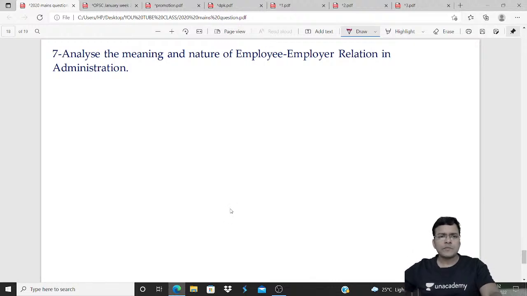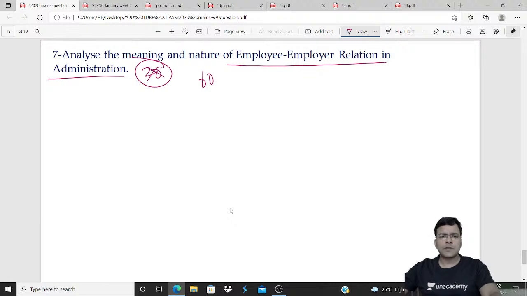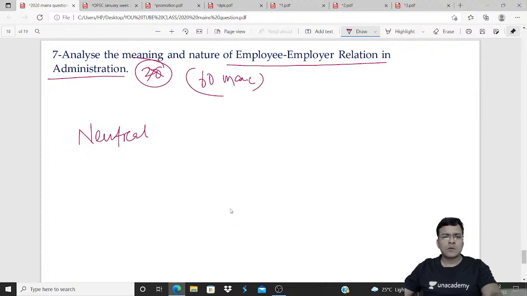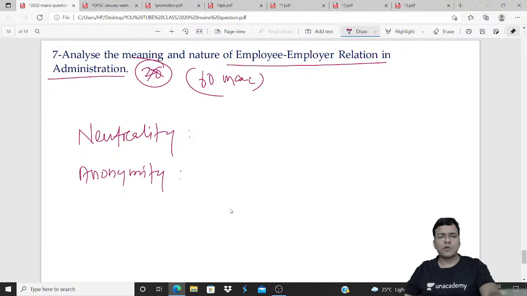Yes. Again, this question last year also was asked. Last year asked as a 20 mark. This year asked as a 60 mark. Many people found problem in writing 6 pages. Everyone knows employee-employer relation is based on the concept of neutrality, anonymity. Yes, neutrality, anonymity.